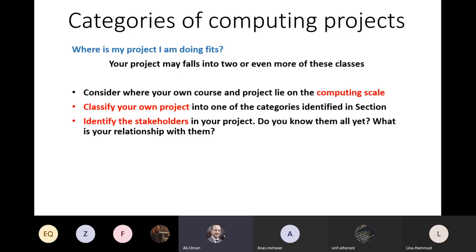And the question is, where does the project I'm doing fit by categories? Hi guys, if I ask this question, where will your project fit in these categories?